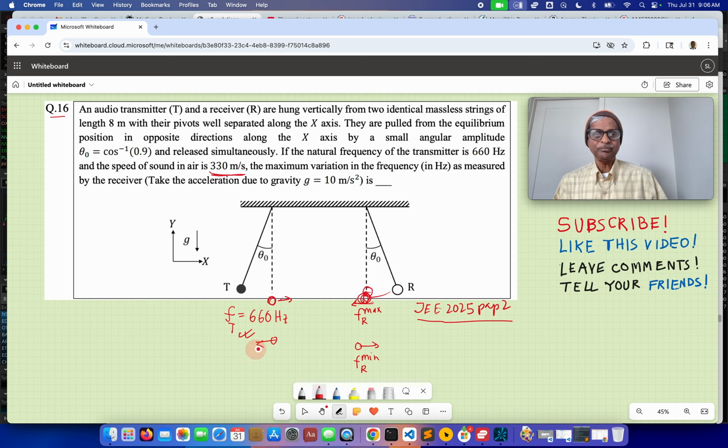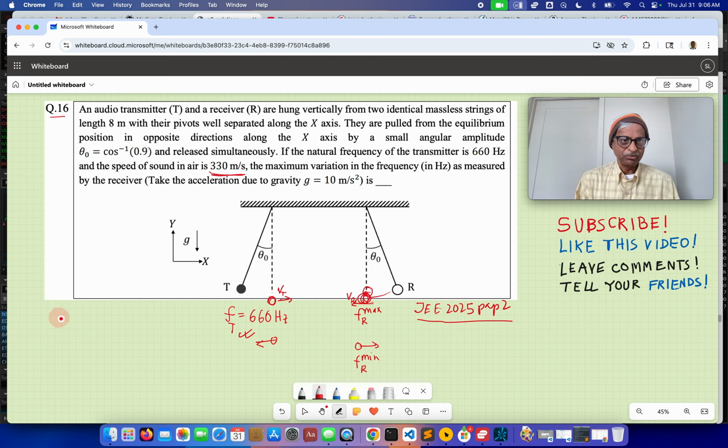Now these are the V with respect to this frame. This V is with respect to that frame. Let's say this is V transmitter, V receiver.